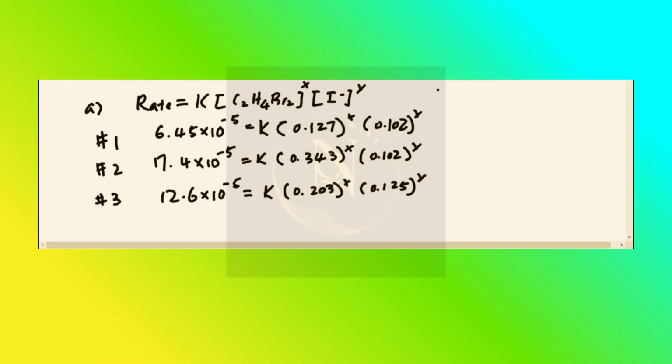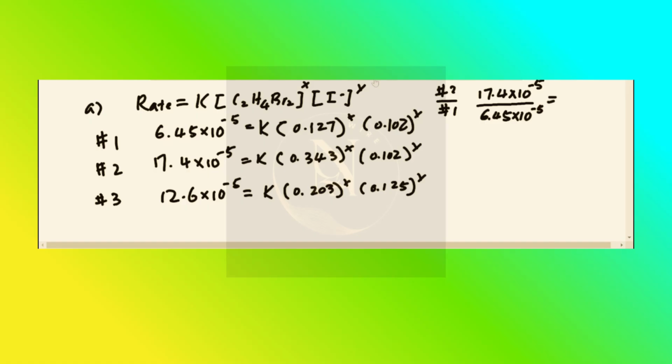First, we're going to divide equation 2 over equation 1. And you will see on the left side, it will be 17.4 times 10 to the power of -5 divided by 6.45 times 10 to the power of -5.